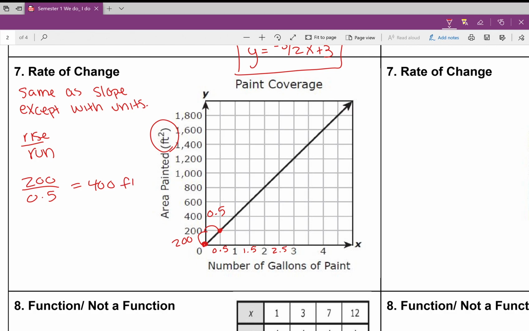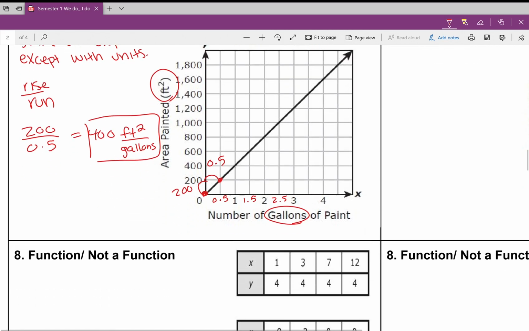So feet squared per, then we look at our x's, which is our run, and then it says gallons. So that would be your answer, 400 feet squared per gallon. That means for every gallon, they can cover 400 square feet. Okay.